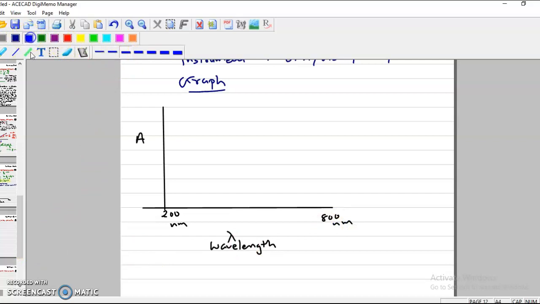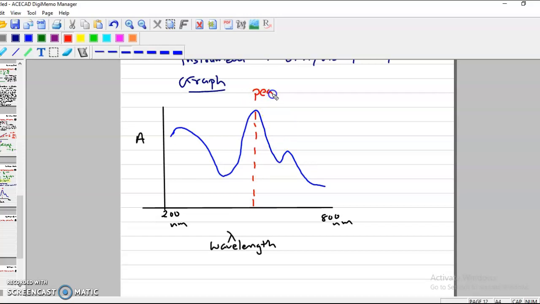And the shape of the graph is like this. It can be like this. So here, at this point, the height of the graph or peak is maximum.